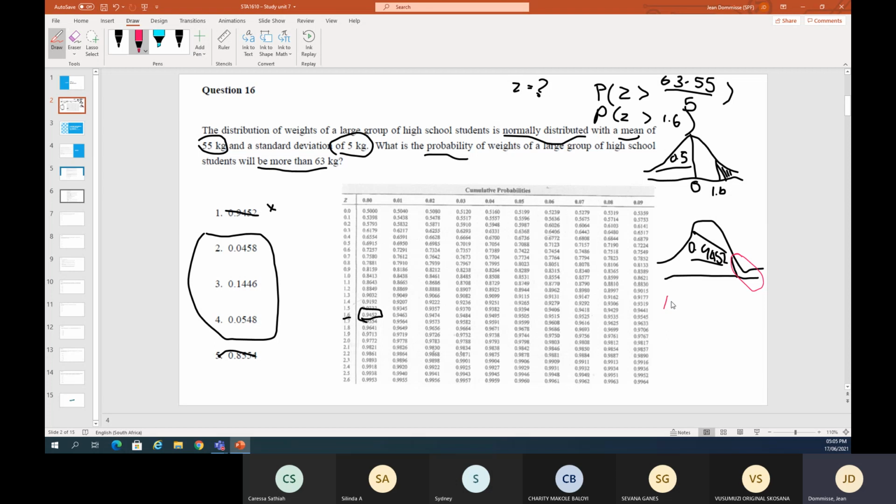So we need to say 1 minus 0.9452, that is equal to 0.0548, which is option 4.